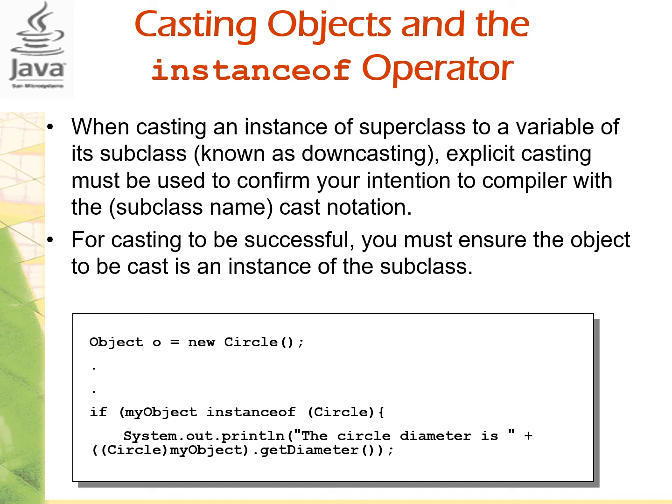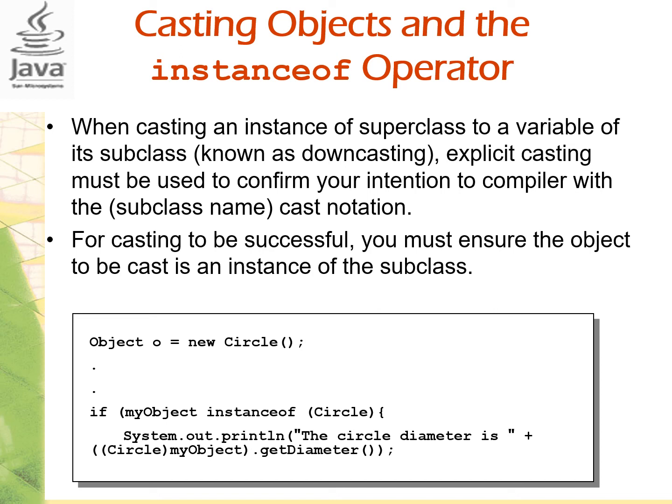If you want to do that, you need to explicitly cast. You need to put casting in front, else there will be an error. For casting to be successful, you must ensure that the object to be cast is an instance of the subclass. They should be related, either superclass or subclass. Alright, so be careful with downcasting. Downcasting is basically assigning a superclass to a variable of a subclass.